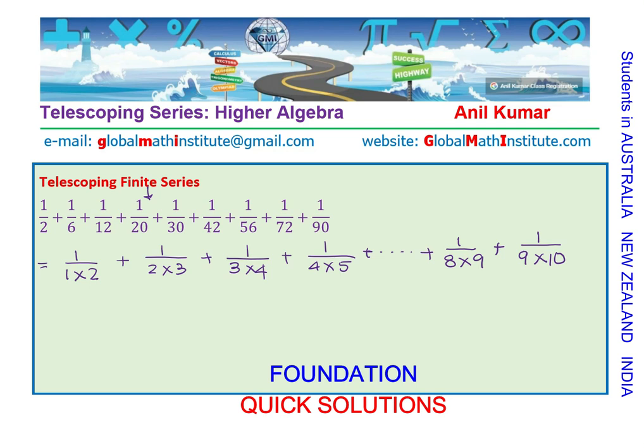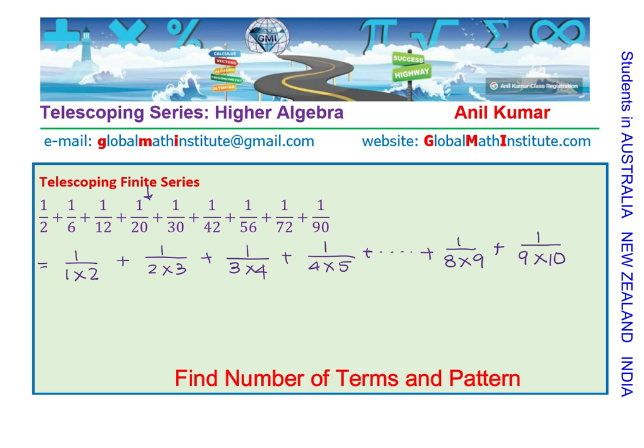So we have all these terms here. How many of these? We started with 1 times 2 and ended with 9 times 10. So there are 9 terms. You can count: 1, 2, 3, 4, 5, 6, 7, 8, 9. You can say that in this series, we have n equals 9.